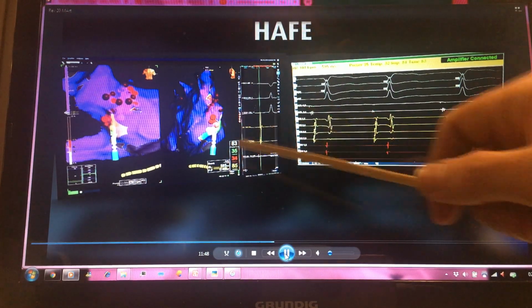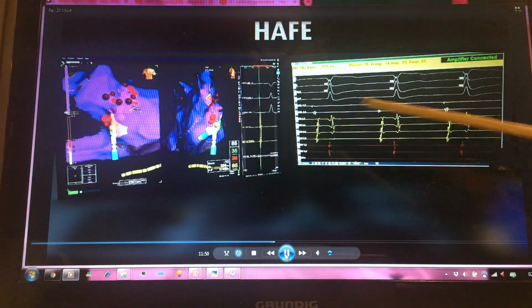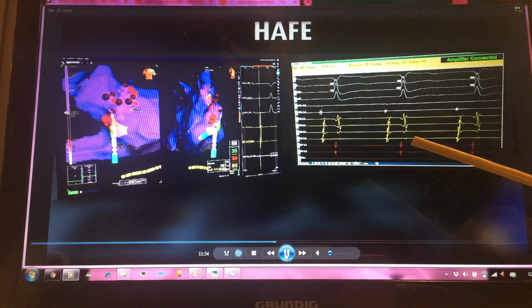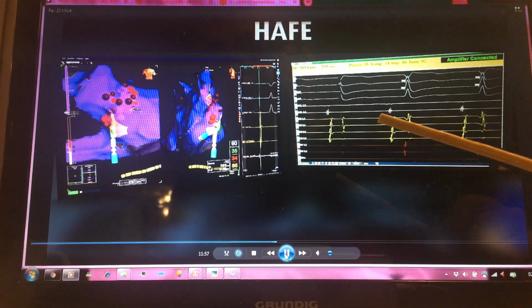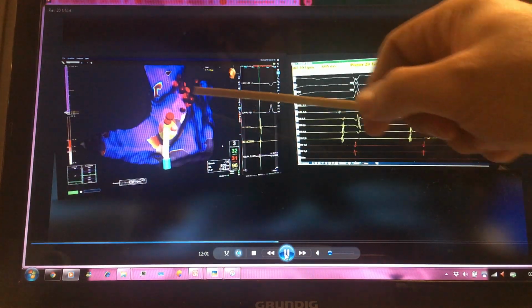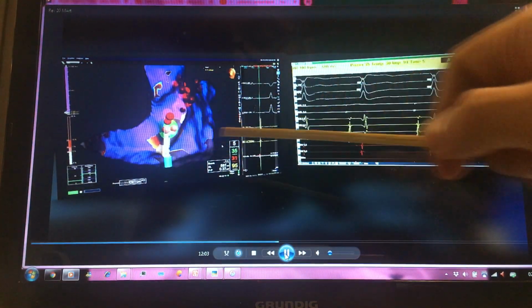You can check your way by using the proximal electrode of the ablation catheter. You can easily see those fragmented electrograms alongside the interatrial septum.